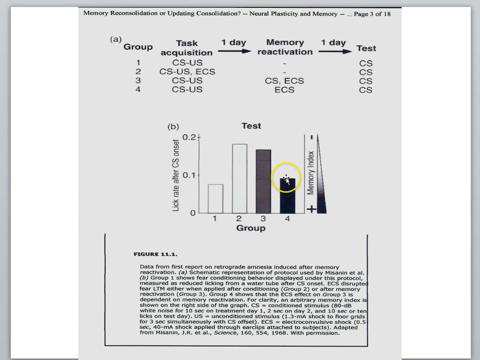So comparing groups 3 and 4 shows that the influence of electroconvulsive shock, when given right after a reminder, impairs the memory, as though a reactivated memory becomes vulnerable to procedures that can block consolidation. So what we would say here is that the ECS is blocking reconsolidation. Over here in group 2, the ECS was blocking the original consolidation.